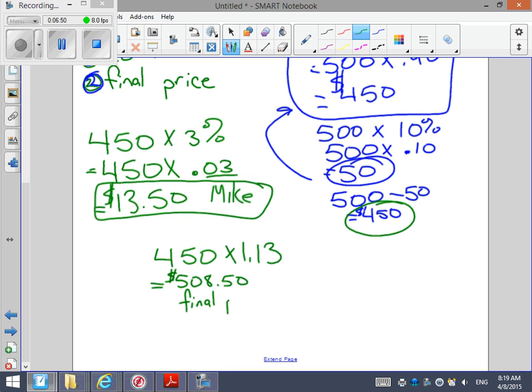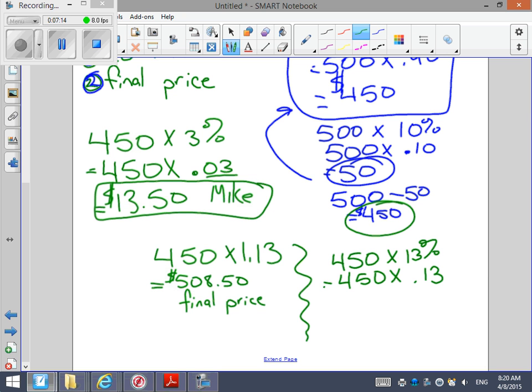Now, that's not how we started when we first learned how to do it. We did it in multiple steps. So this is one way. The original way, which I encourage you to use if that's the way you want to go because you're kind of set, is to multiply this by 13%. 450 times 13% as a decimal, 0.13, would be $58.50.